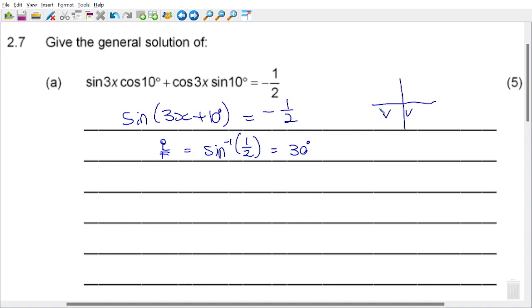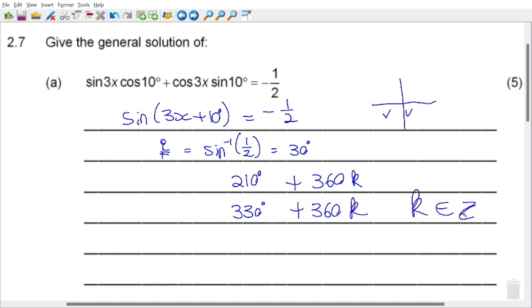And now my answers are in quadrants 3 and 4, and I only use my horizontal axis. So my two standard answers are 180 plus 30 and 360 minus 30. There they are. Each of those can happen every 360 degrees, k an integer, a whole number, positive, negative, or 0. All right.